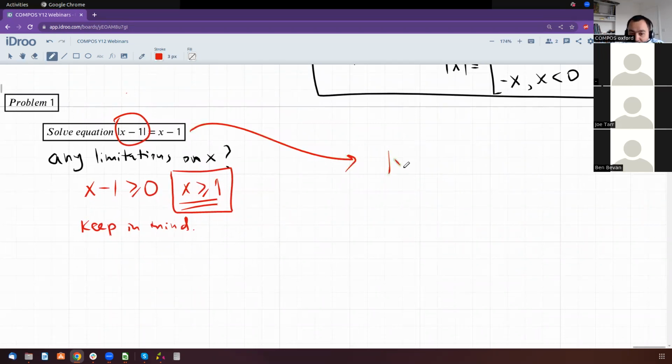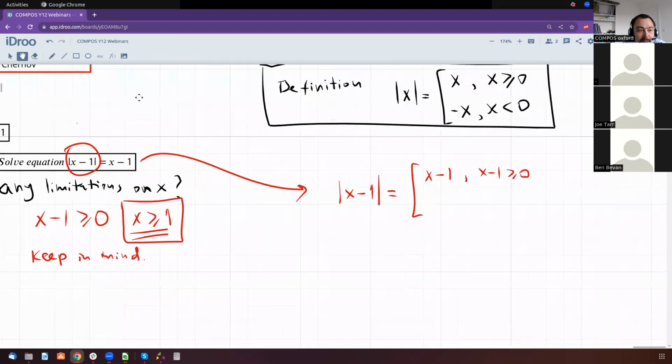So what is modulus of x minus 1? Well, using the definition, modulus of x minus 1 is equal to x minus 1 if x minus 1 is greater or equal to 0, and it's equal to minus x plus 1 if x minus 1 is less than 0.